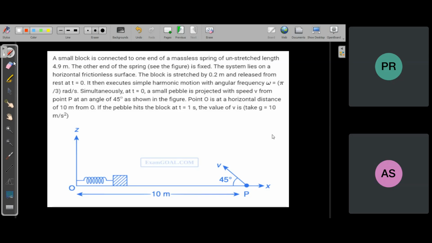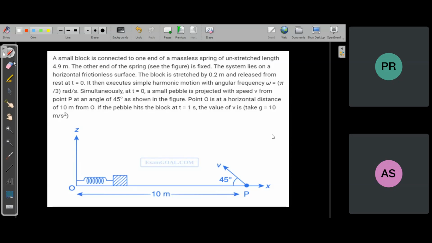So what you did? So directly, I think we can apply the formula.